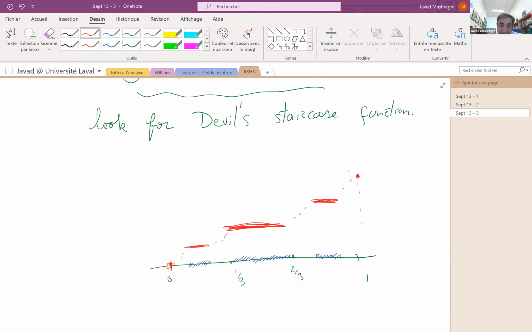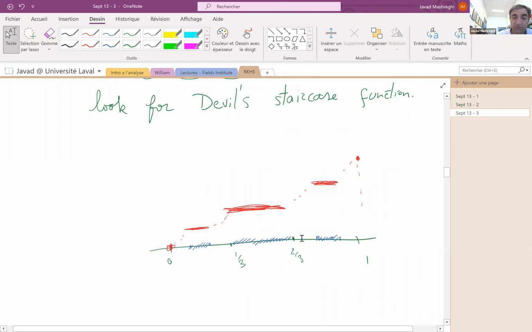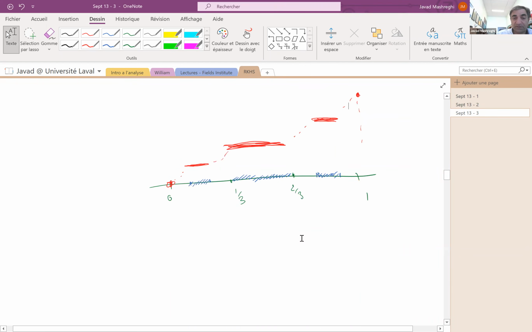Because of these steps, on the intervals which we remove, (1/3, 2/3), here are the intervals (1/9, 2/9), and here (7/9, 8/9).